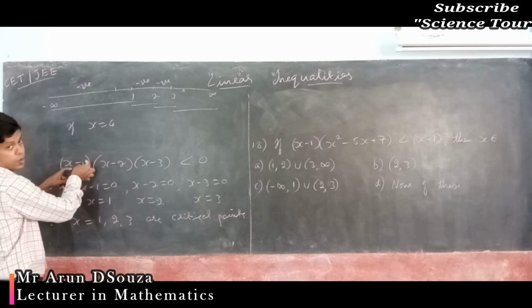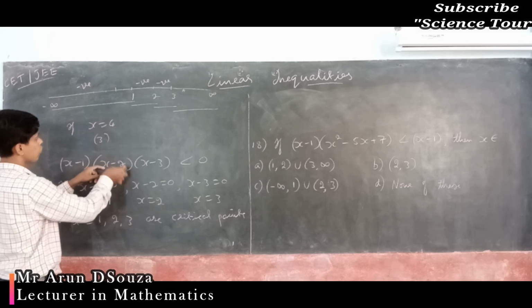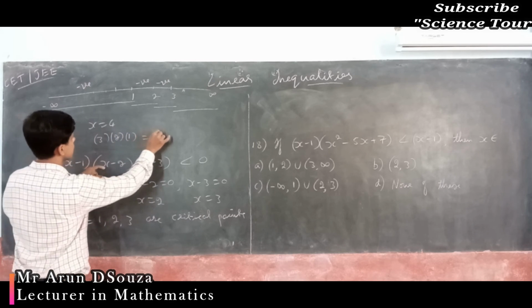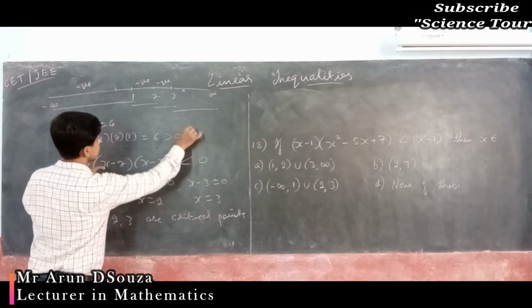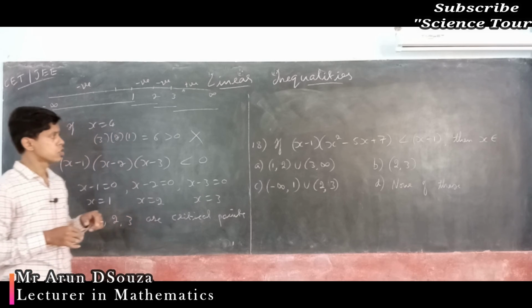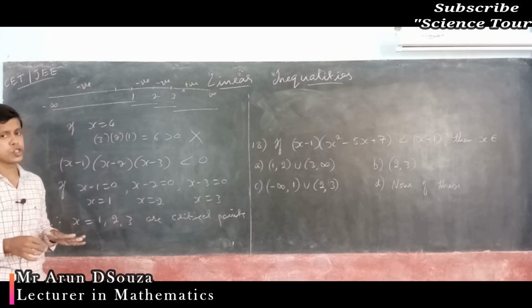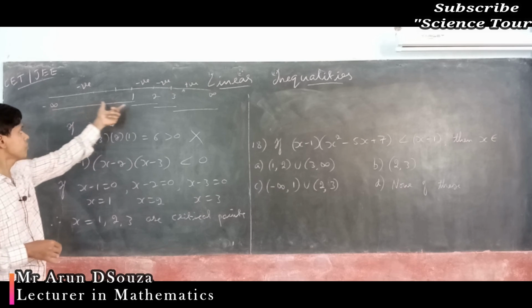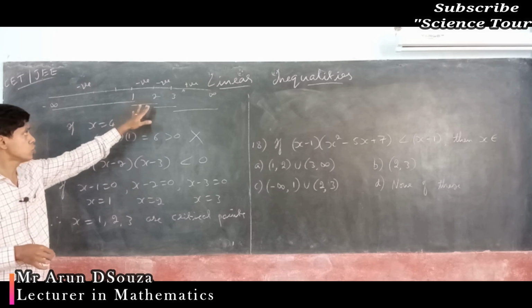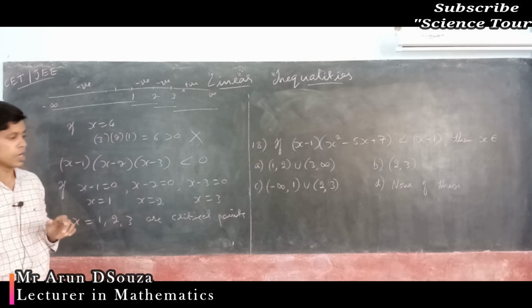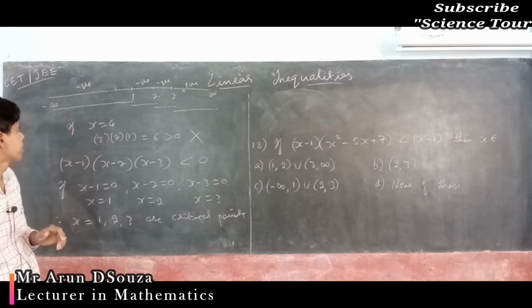That is 4 minus 1 is 3, 4 minus 2 is 2, 4 minus 3 is 1. So you are getting 6, and that is positive. It does not satisfy. So here it is positive, 3 to infinity. So what are your options? Your options are minus infinity comma 1, 1 to 2, 2 to 3, correct?